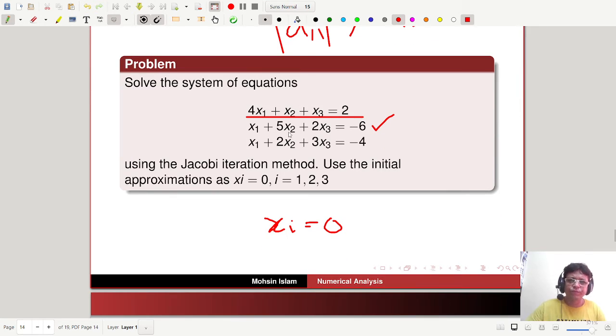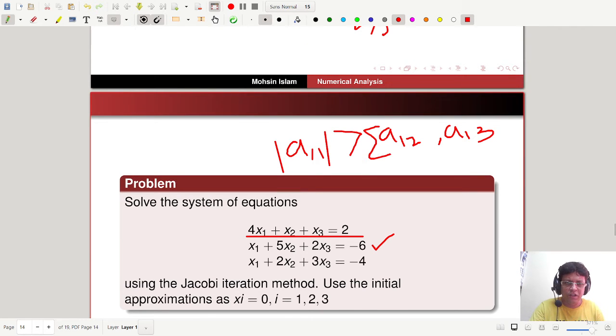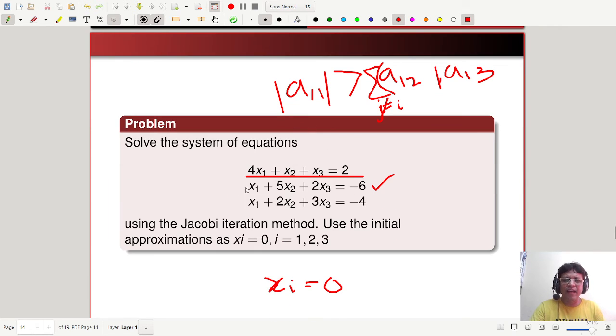And also, here you have a summation, the sum over j not equal to i. This is a summation, so the sum of these values should be less than that 4.